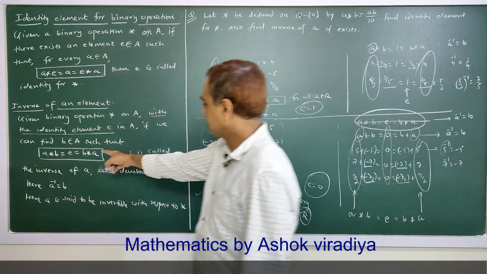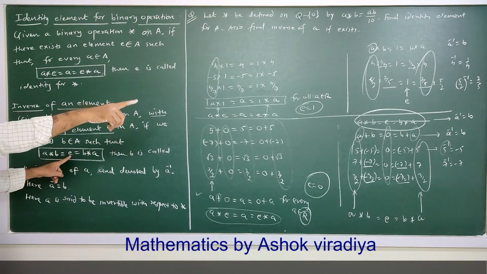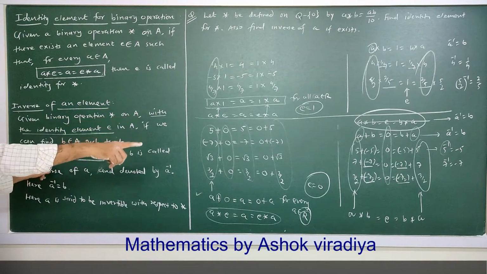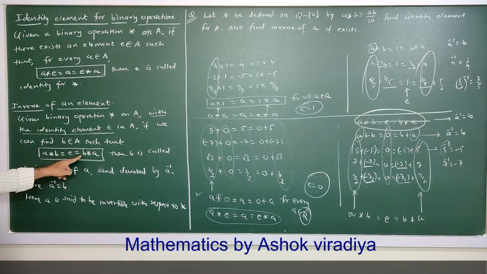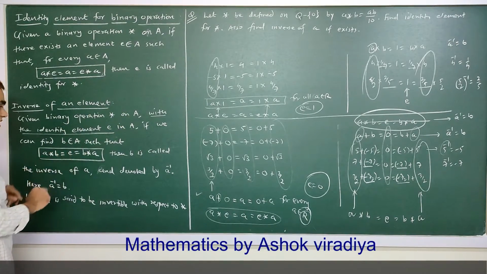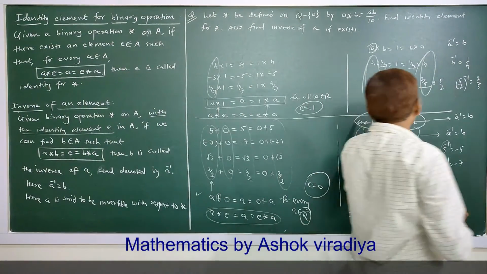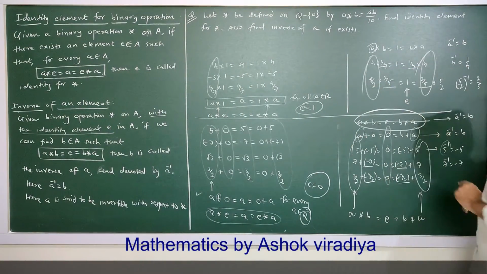Here E is fixed. E is 1. A star B is equal to E is equal to B star A. So for every A there exists B such that A star B is E is equal to B star A. So B is called the inverse of A. So this number is the inverse of this number.